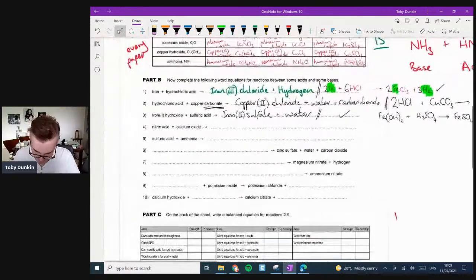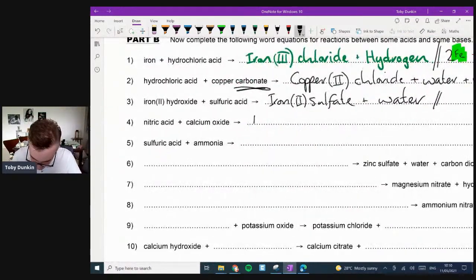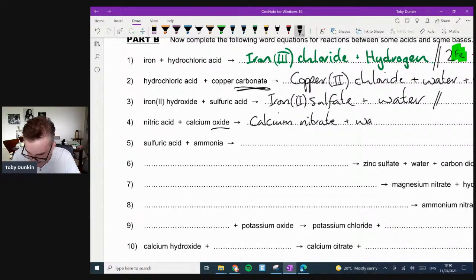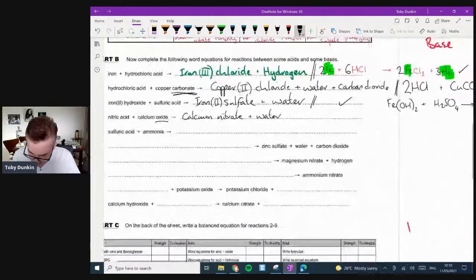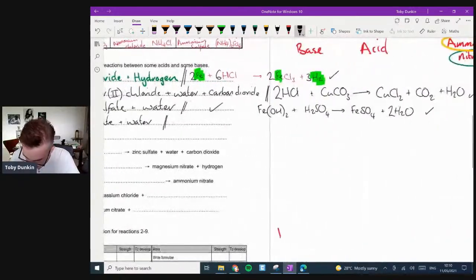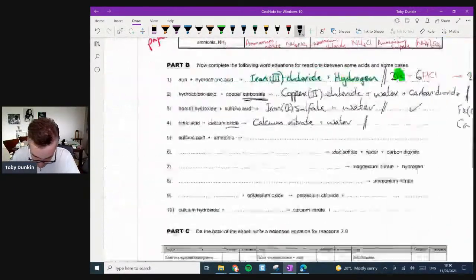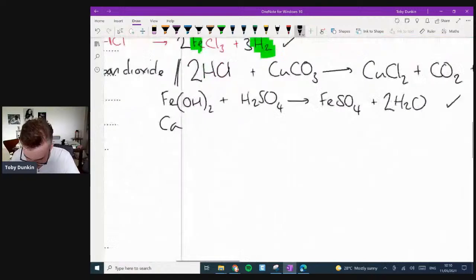I know you will. Next, nitric acid goes to word equation, calcium nitrate. And it's an oxide, so it's just salt and water. Calcium nitrate plus water. Now jump to my symbol equation, which is calcium oxide, CaO.